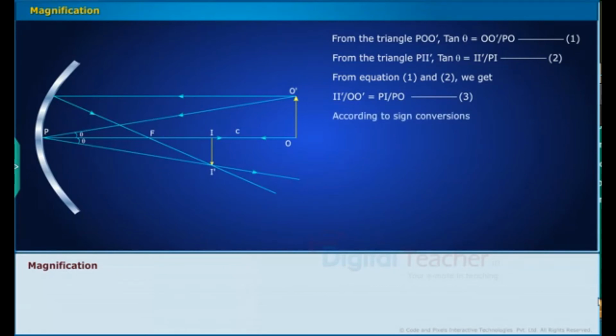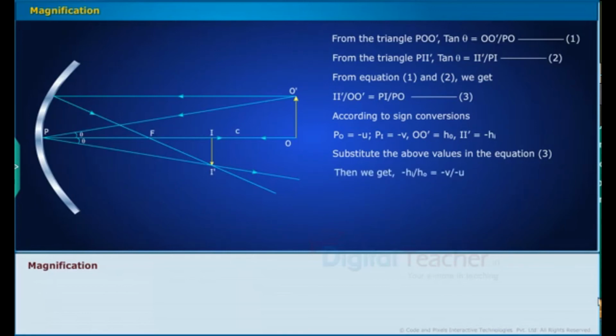According to sign conventions, the object distance is minus u, image distance is minus v, height of the object is HO, and height of the image is minus HI. Substitute the above values in equation 3. Then we get minus HI by HO is equal to minus v by minus u.